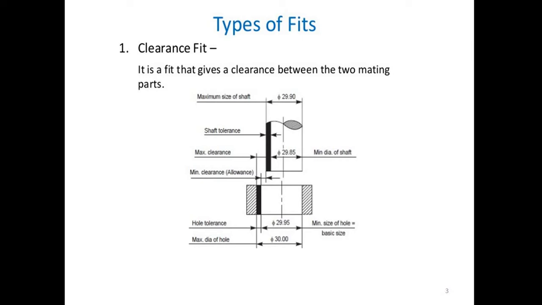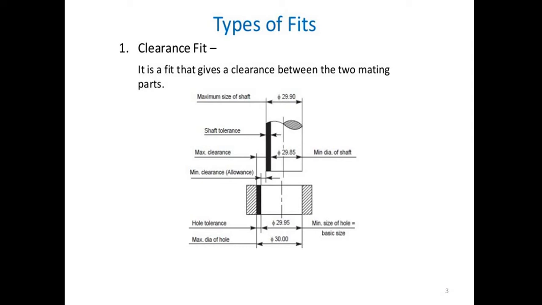Lower size is 29.85, upper size is 29.90, and the shaded dark portion is nothing but the tolerance, because the size of the component may vary between 29.85 and 29.90, from lower limit to upper limit.